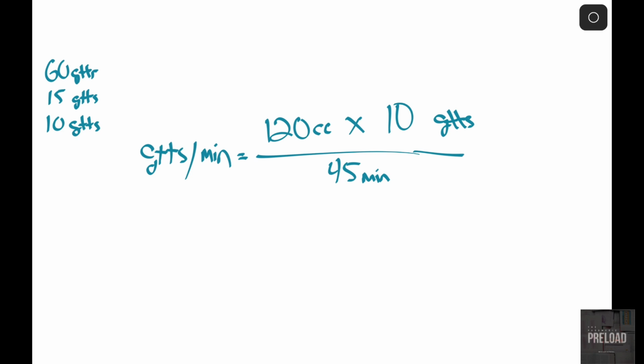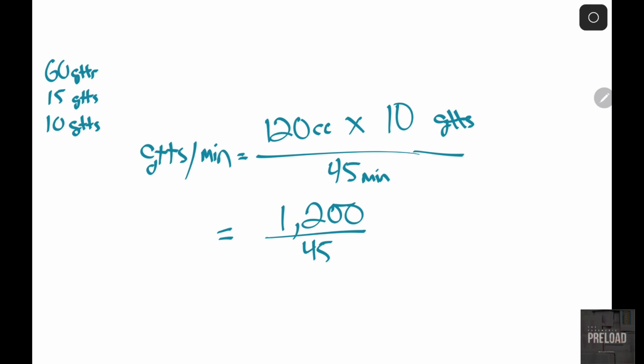So how does that change our math a little bit? Well, we don't need as many drops per minute because it only takes 10 drops to make a cc here. So when we put this all together, the 120 cc's times our 10 drops is actually going to be 1,200 over that 45 minutes.